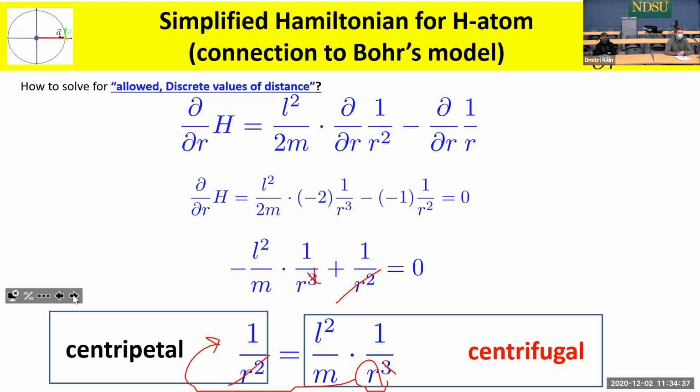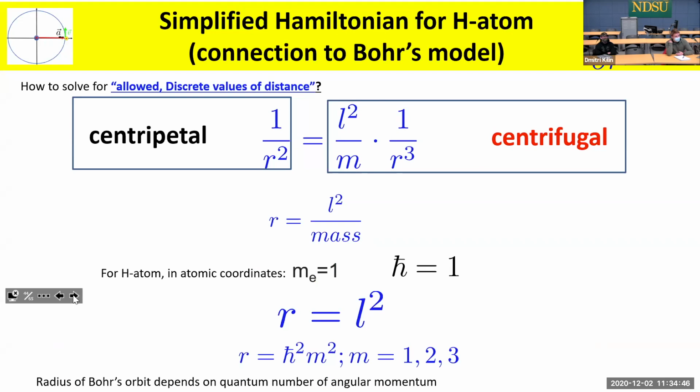So we are going to plug in integers and get allowed values of radius. The radius is angular momentum squared, but angular momentum is Planck constant times this m number.